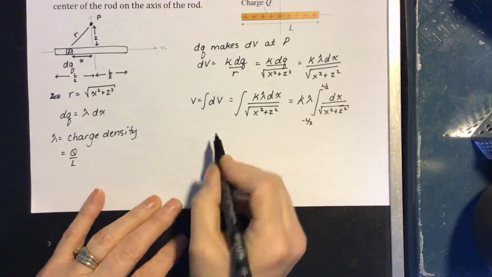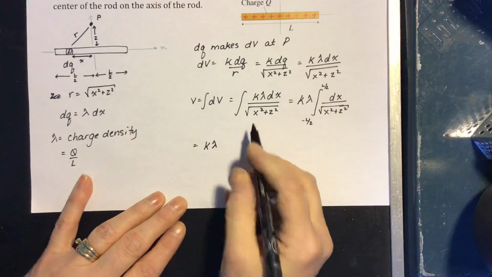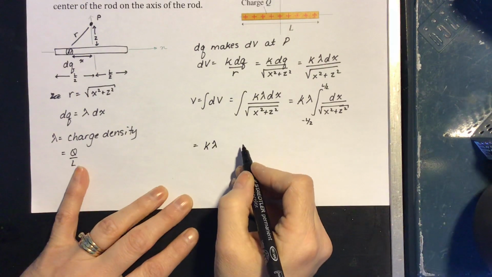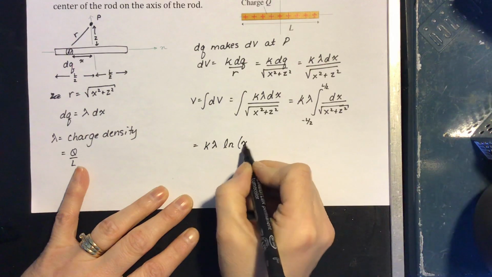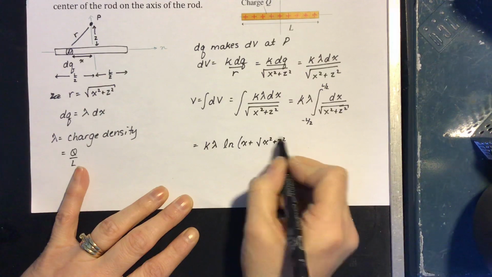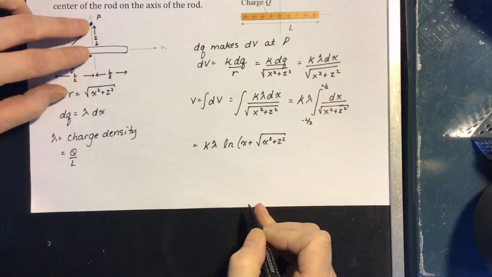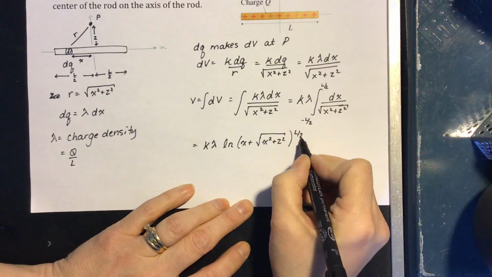You can either evaluate this using your integration techniques, or you can look up the answer in the book. So this integral gives us the natural log of x plus the square root of x squared plus z squared. And z is our distance between the center of the rod and the point. That's going to be evaluated at x equals plus L over 2 and x equals minus L over 2.